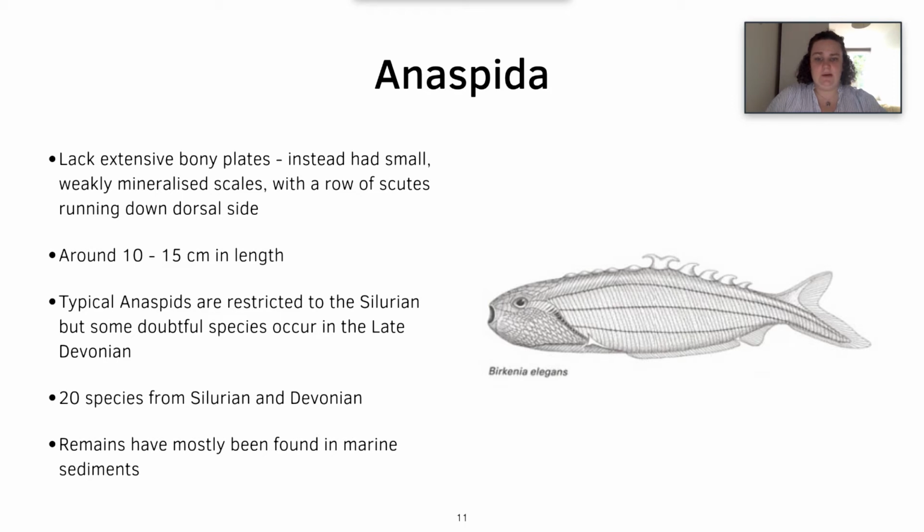And the typical anaspids are restricted to the Silurian, meaning that during the Devonian we have a few examples that we're not really sure on, and their remains have been found mostly in marine sediments.